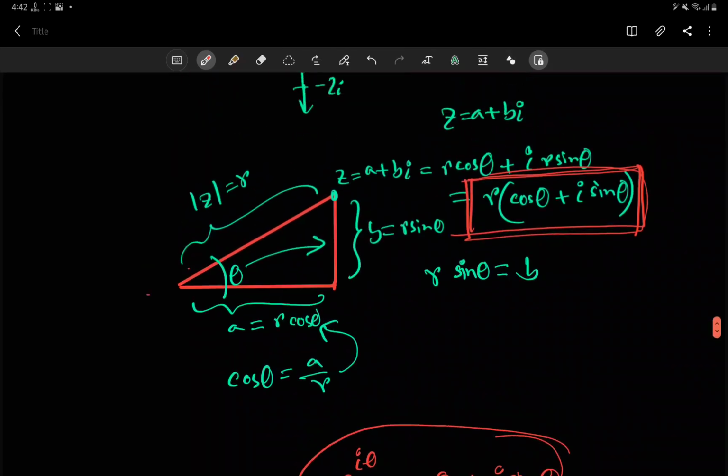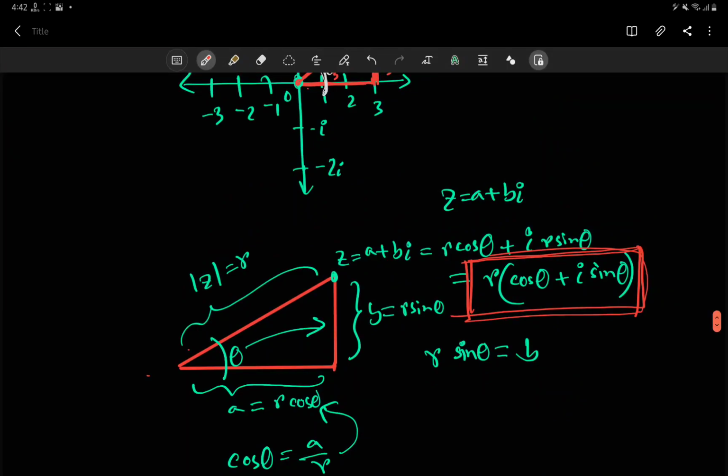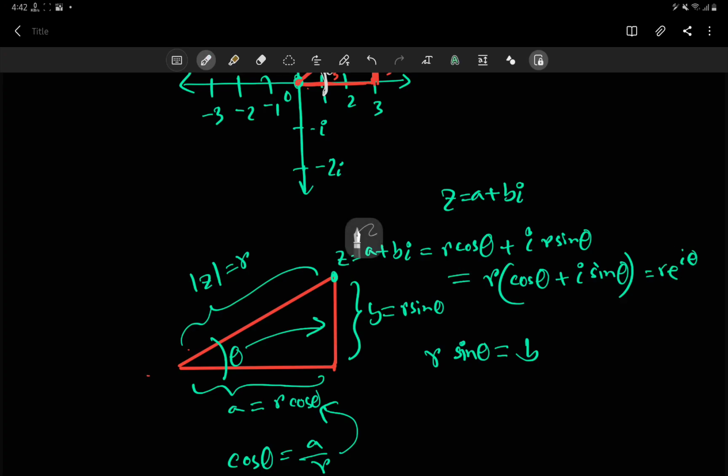And we can use this here to simplify our form. So we can say this is actually equal to r e to the power i theta. Okay, so that gives us a much more concise way to write, and we will actually use this format.